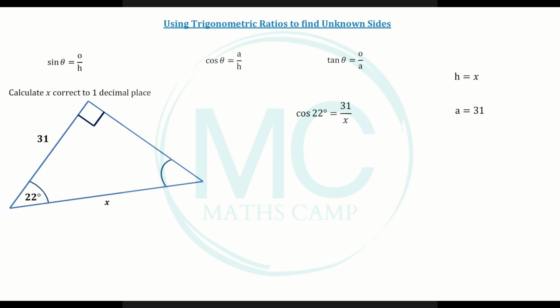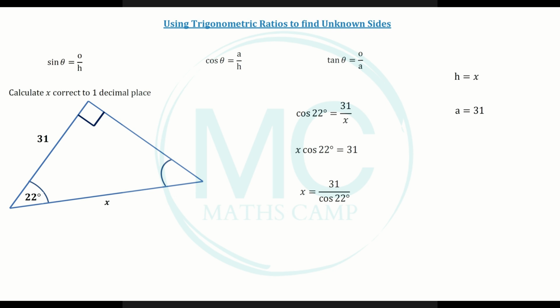Let's move x from the denominator of the fraction, and we're going to multiply x by both sides. So we can say x multiplied by cos 22 degrees is equal to 31. Now to get x by itself, we divide both sides by cos 22 and we get x is equal to 31 over cos 22 degrees.